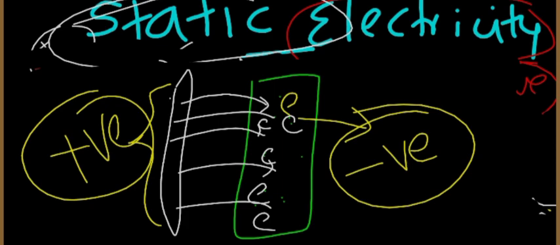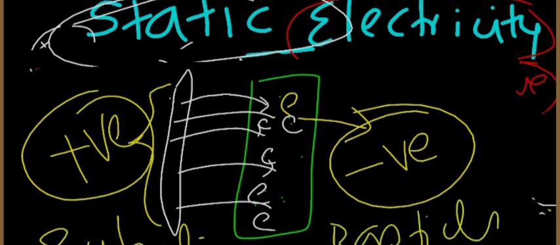And children, we have discussed the basic constituent of matter, that is the atom. All atoms have protons, electrons and neutrons, and they are called the subatomic particles of an atom.